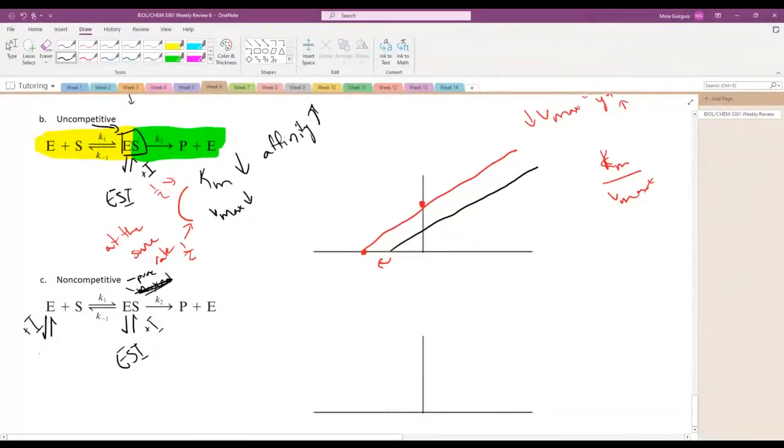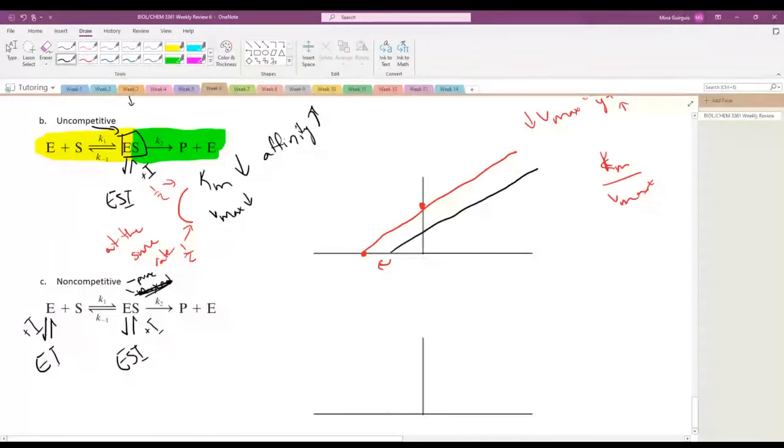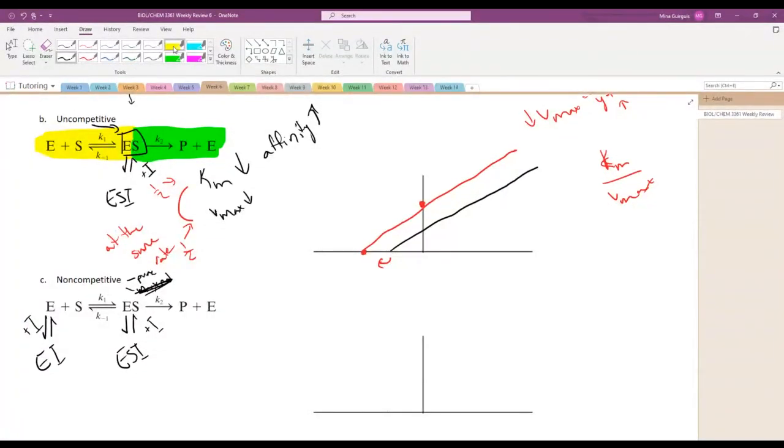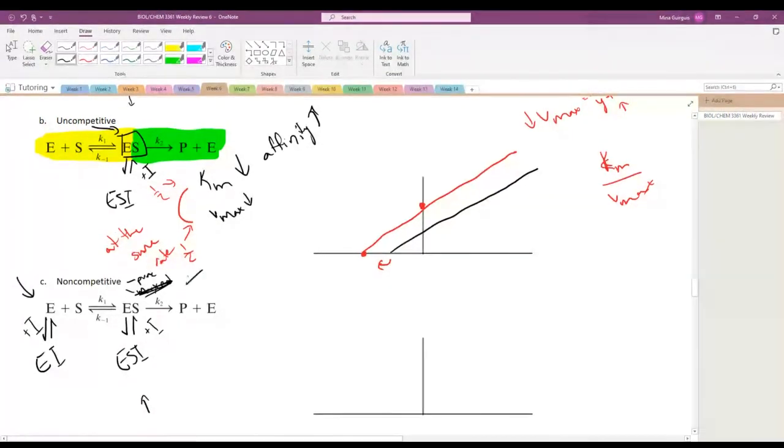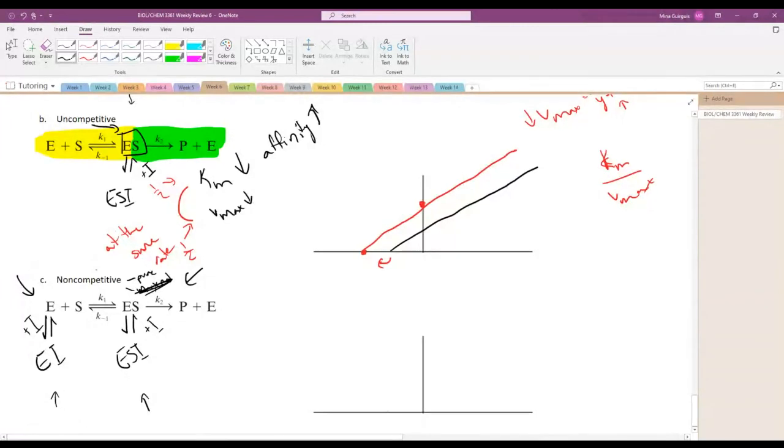The reason there's two types of non-competitive inhibitor is because in my mind there's actually three, but we classify them into two. A non-competitive inhibitor could bind to the enzyme more than the enzyme and substrate, or it could bind to the complex more than to just the enzyme, or it could bind to them equally.